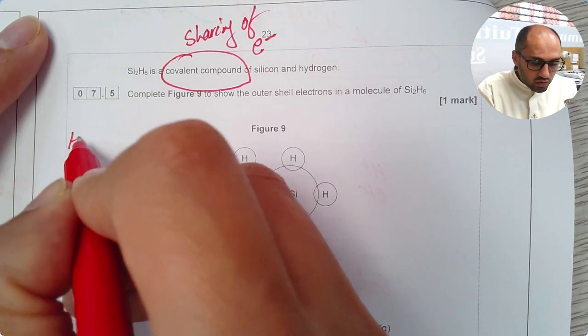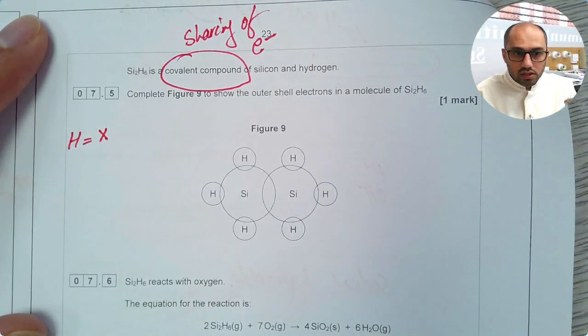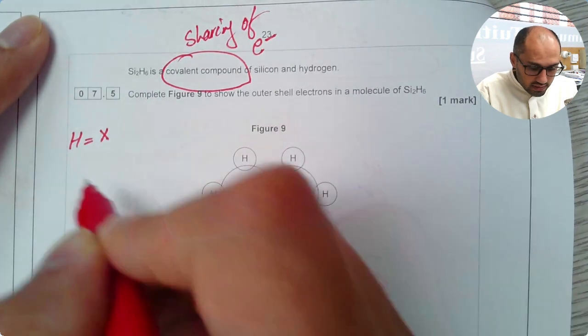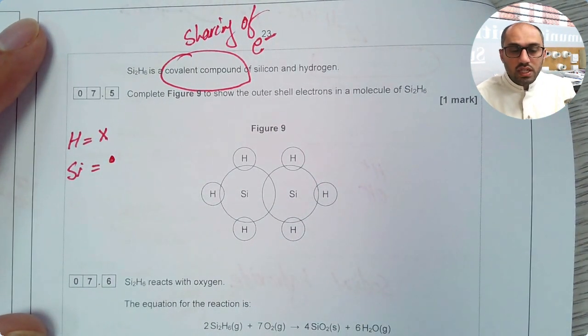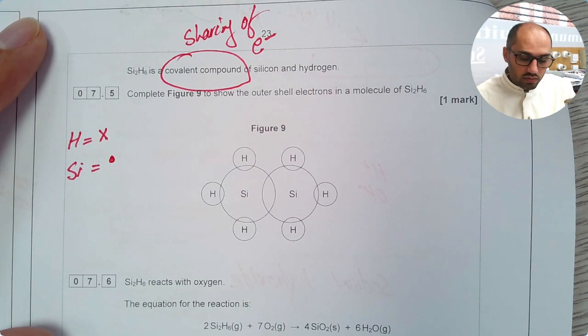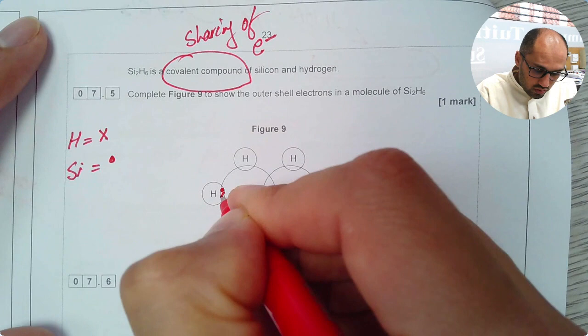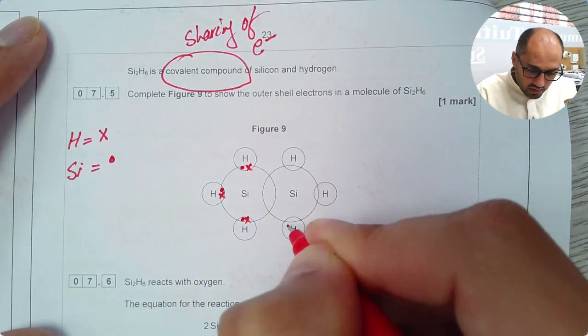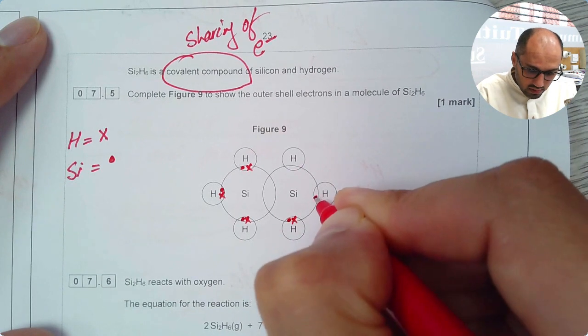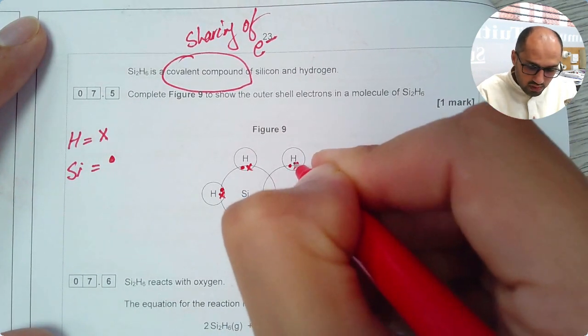I'm going to say hydrogen is being represented by a cross, whereas Si electrons are being represented by a dot. I know each hydrogen will need 2 electrons for it to have a complete outermost shell. So there'll be 2 of them here, 2 here, 2 here, 2 here, 2 here, 2 here.